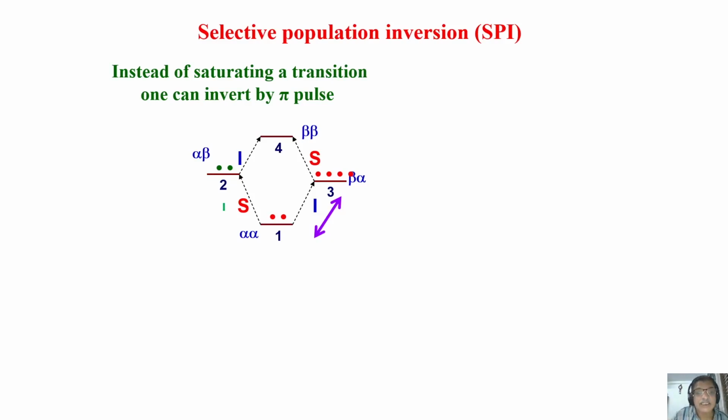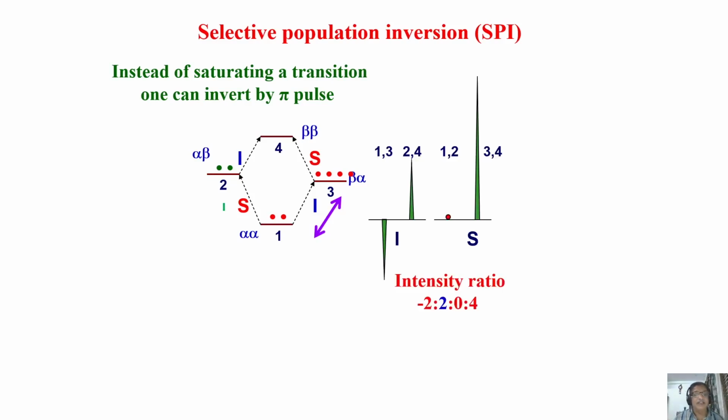Now let us recalculate the intensities. What is the intensity of I spin? I spin from here to here: this is 2, this is 4, it became -2. Earlier it was 2, 2:2 was there. Now you see, if I take the population difference between 1 and 3, it is -2.